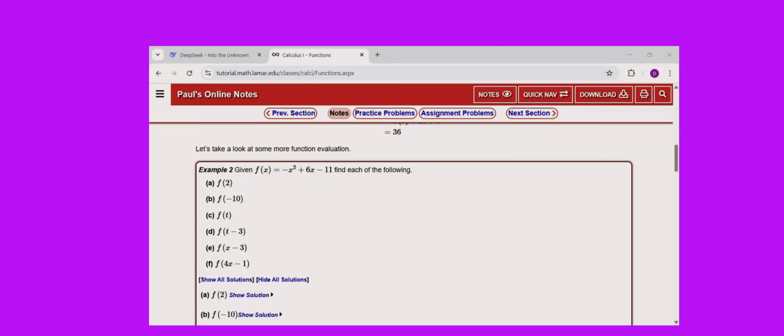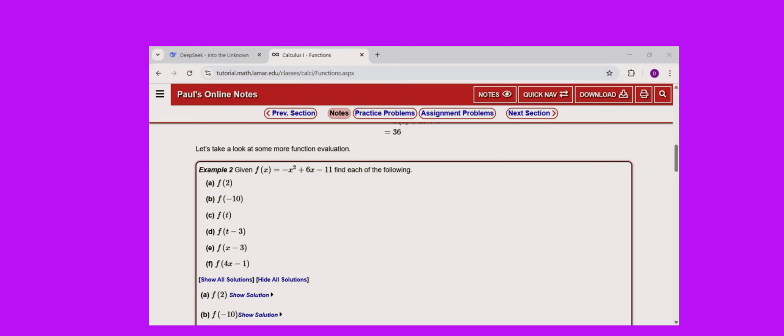F of 2. Here, f of x is equal to minus x square plus 6x minus 11, so f of 2 is minus 2 square plus 6 into 2 minus 11.